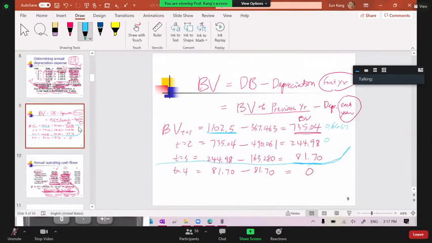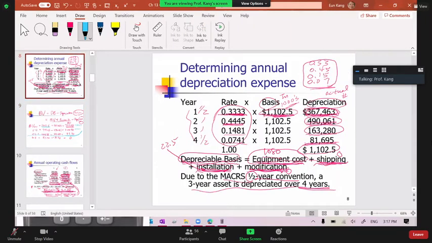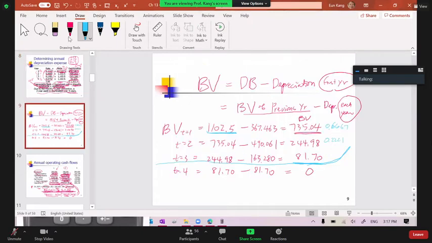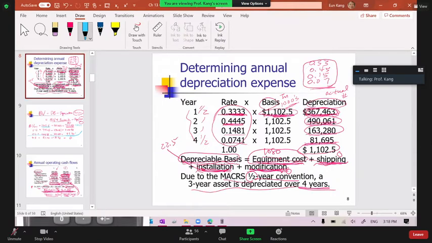Actually this one is 0.2221. Sorry. 0.0741.